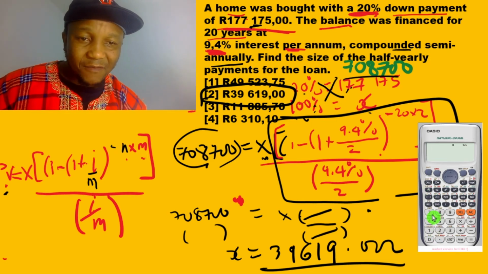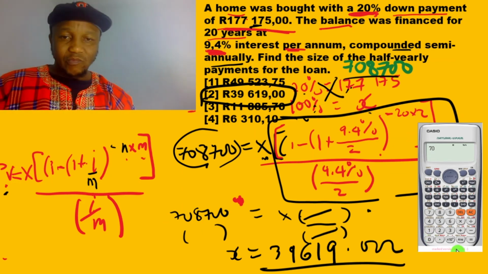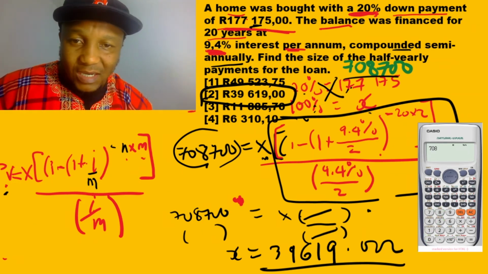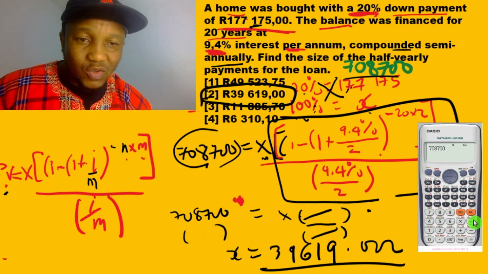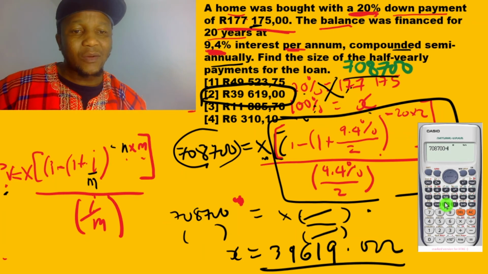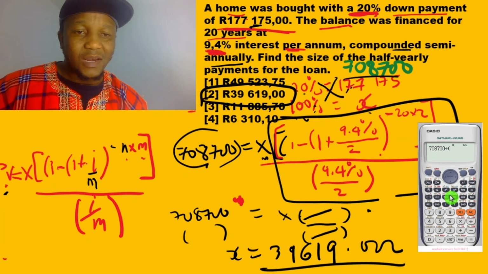So I can say 7, 7, 0, 0, and then divide. I'm going to write this divide, because I'll take all of this, divide by this. Divide by bracket, let me put 2 brackets here, and then I can say 1, and then let me say fraction.